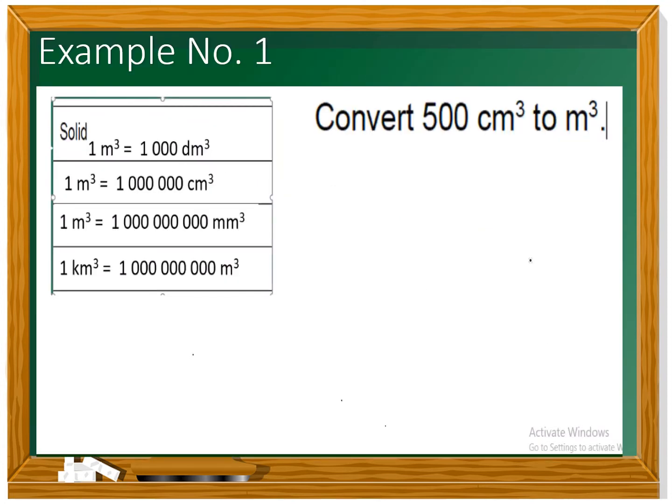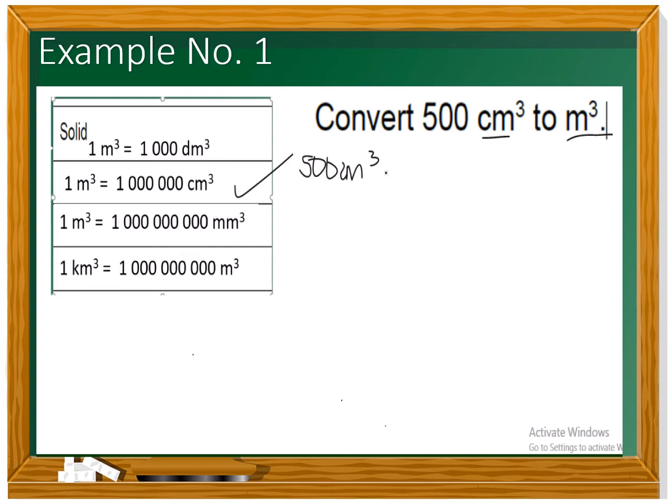Example number 1. Convert 500 cubic centimeters to cubic meters. Since the units involved are cubic centimeters and cubic meters, we will use these values to convert. Copy the given, 500 cubic centimeters.